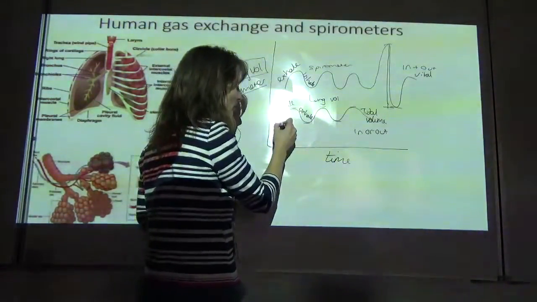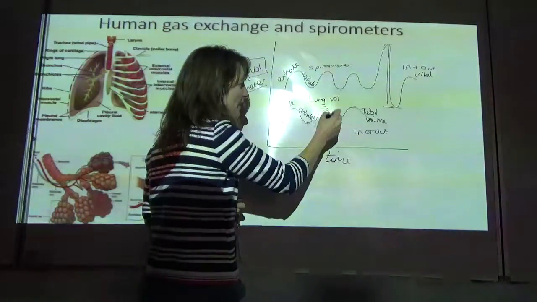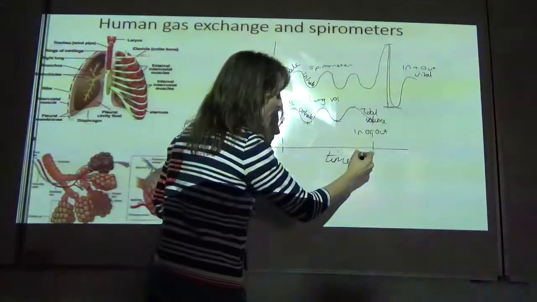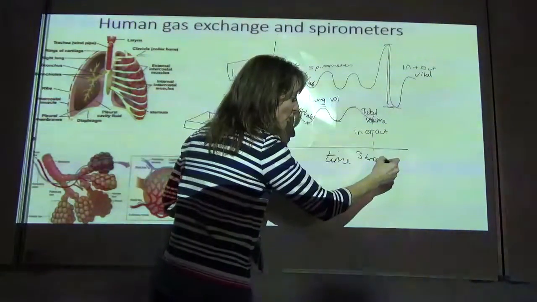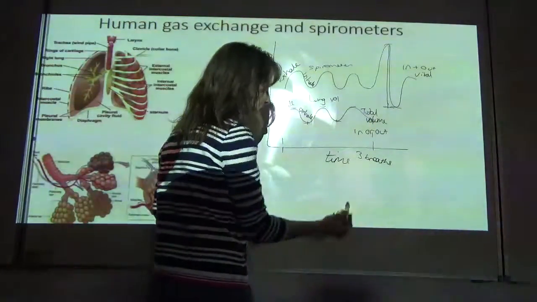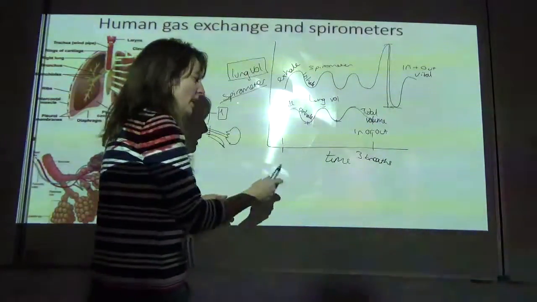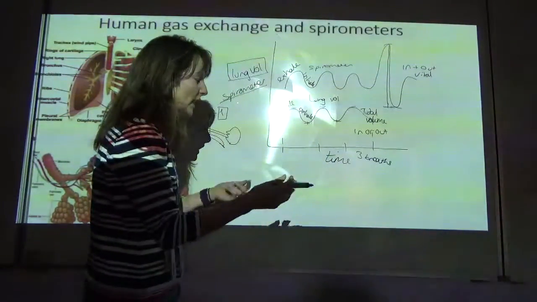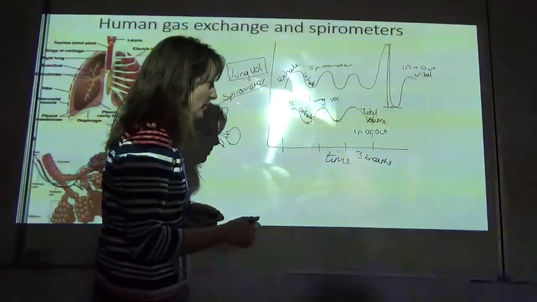So if you know that you're starting from this point, that's 1 repeat, that's 2 repeats, that's 3 repeats. So in that time frame, you've had 3 breaths. So then you can work out the breathing rate by saying 3 breaths took this amount of time, therefore it's 1 breath per however many seconds that works out to. Or if you need to work it out for a minute, then you scale it up for the minute.